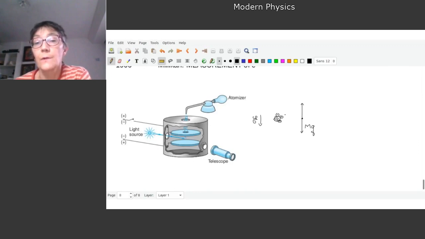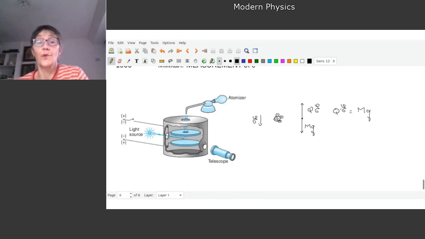So you have the number of charge here, I will call it Q, Q times electric field. You can have this quantity equal to this one, so you can write QE equal mg.